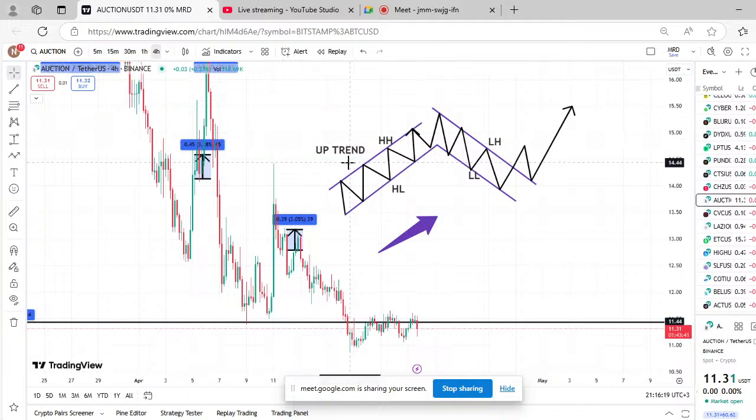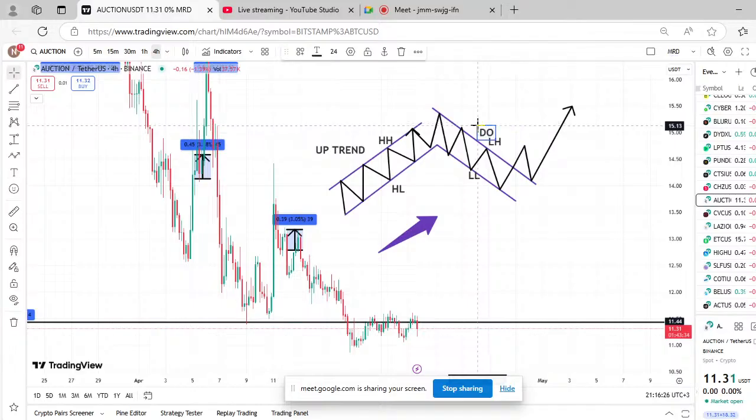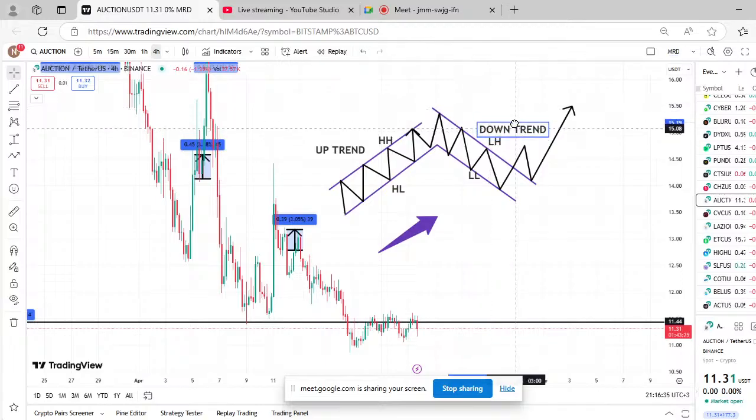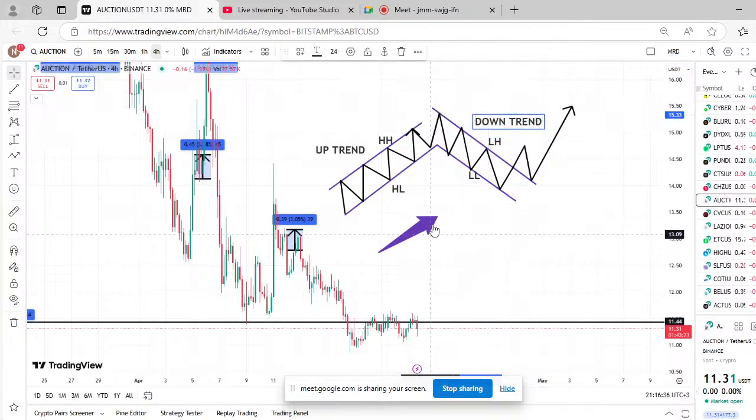This is an uptrend. Then we have a downtrend here. So this is how the downtrend looks, and this is how the uptrend looks.